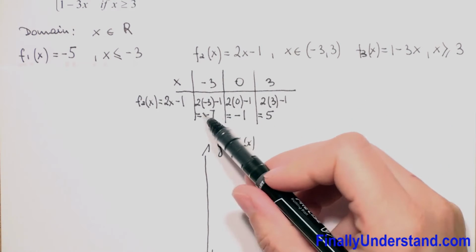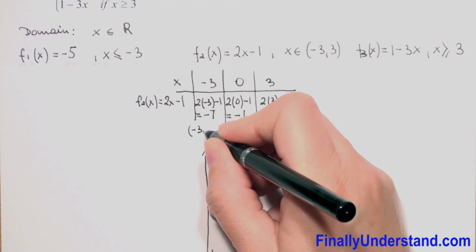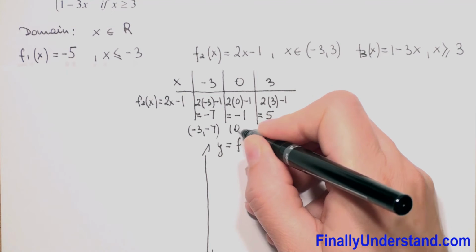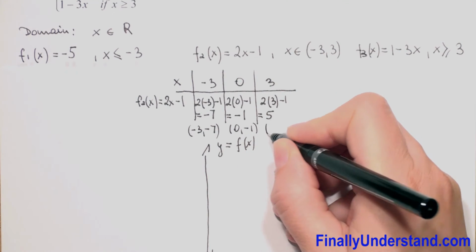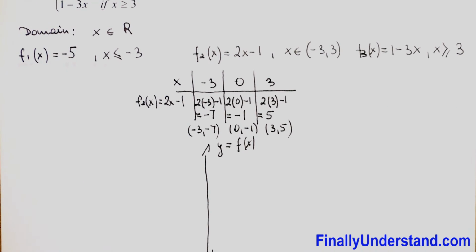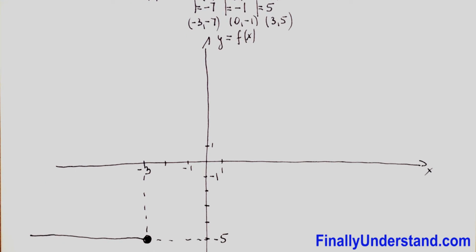So we have 3 points. Let me write this. Negative 3, first coordinate. The second is negative 7. Now we have 0, negative 1, and 3, 5. So now we have to find these 3 points in our xy plane.